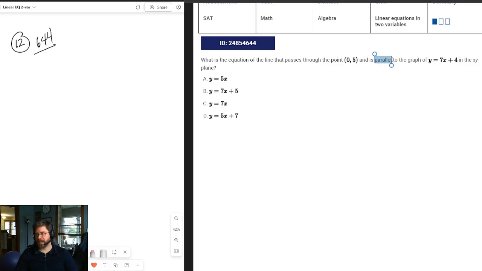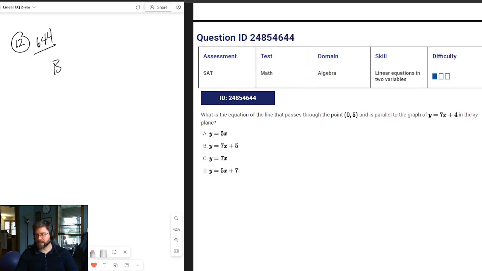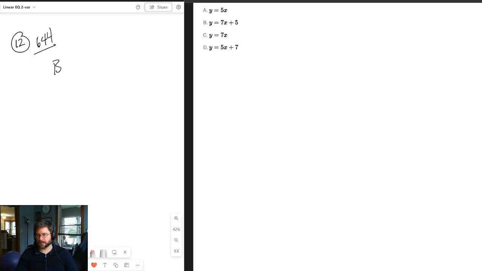They want it to be parallel to this function. Parallel, remember, means same slope. So the slope here is 7. And the y-intercept is given at 5. So very easily then, the answer must be B, because it has the same slope at 7 and the y-intercept at 5.